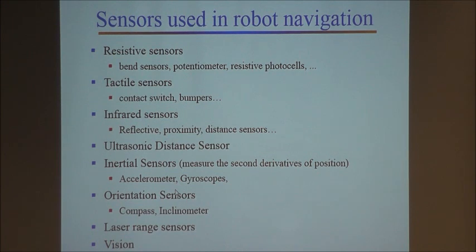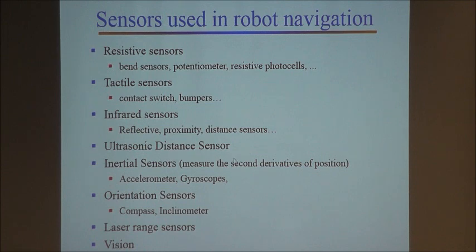So, what sensors are being used in robot navigation? Resistive sensors, bend sensors, potentiometers, resistive photocells, even encoders. Tactile sensors using contact switches or bumpers. Infrared sensors, this is beyond human capabilities. Reflective or proximity or distance sensors.